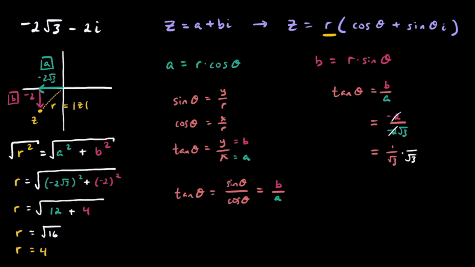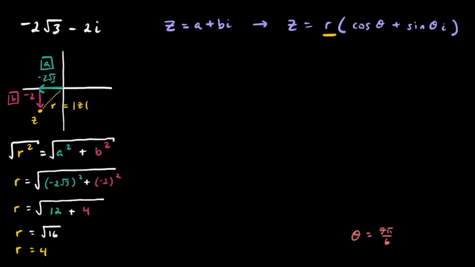Rationalizing this denominator and multiplying by root 3 over root 3, we get root 3 over 3, and that's what tangent of theta is equal to. To find theta, you can just take arctangent of root 3 over 3. And if you do that, I promise you, you're also going to get this angle measure of 7 pi over 6.